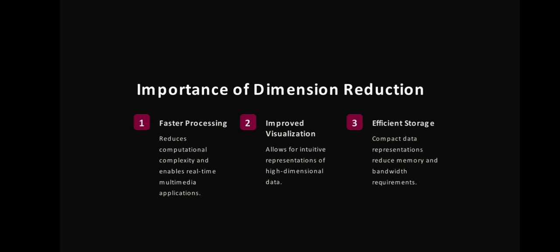So, the most important goal of dimension reduction is to retain as much relevant information as possible while eliminating the rest, which is less important and less informative for us. Dimension reduction is used in various fields like data analysis, machine learning, signal processing, and image recognition, etc. So it has great importance, and that's what we are going to discuss next: the importance of dimension reduction.